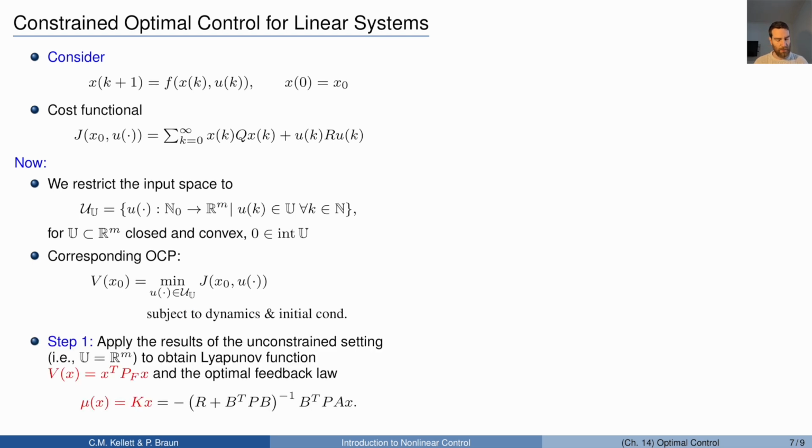How do we solve that problem? Well, what we could do is simply apply the unconstrained results.